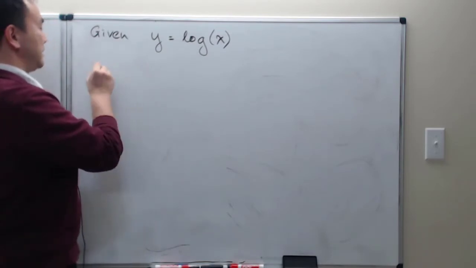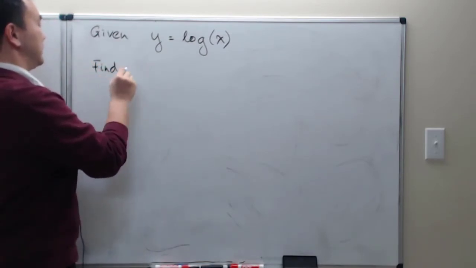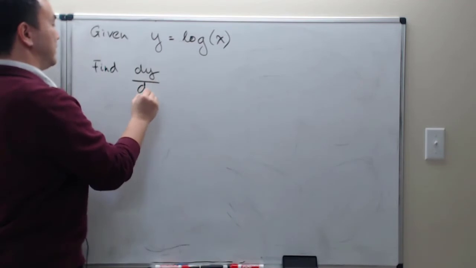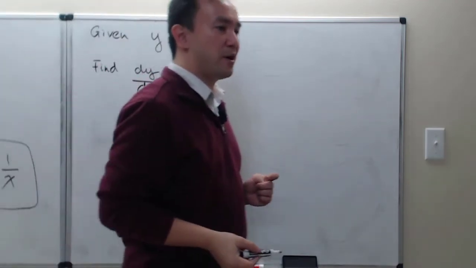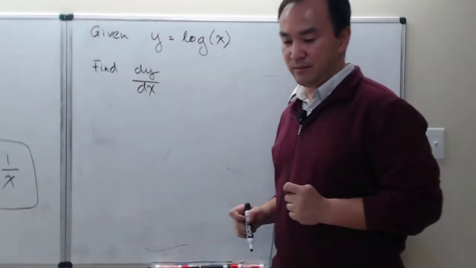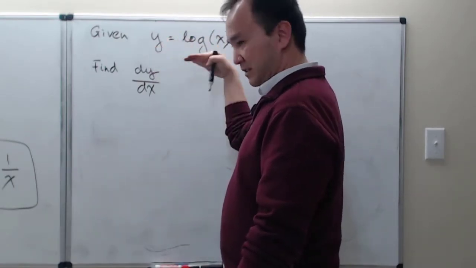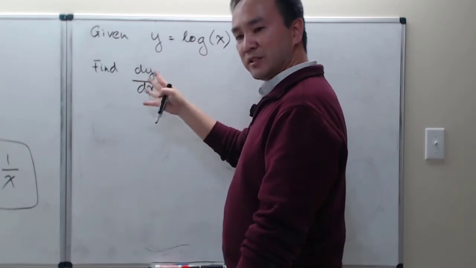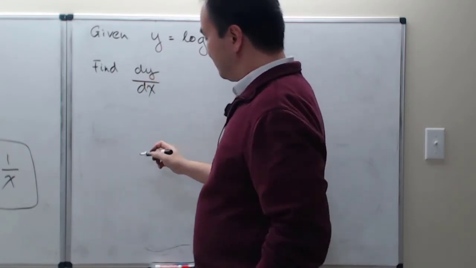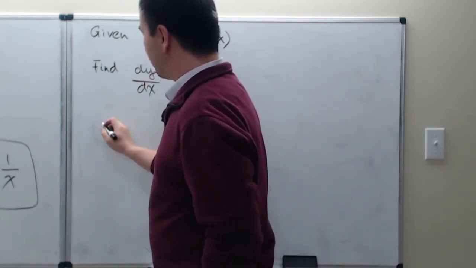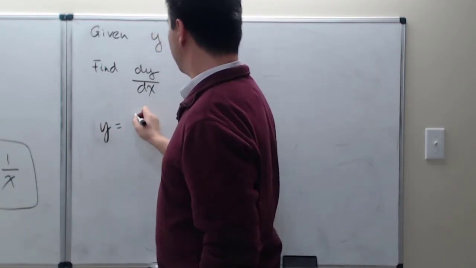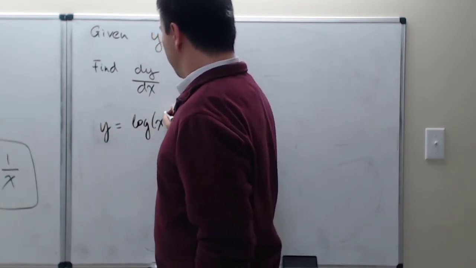And then let's find dy dx. I am going to use the same approach as we have seen earlier. I am going to turn my equation into an implicit equation where y is only implicitly defined as a function of x. So algebraically, y equals log base 10 of x.